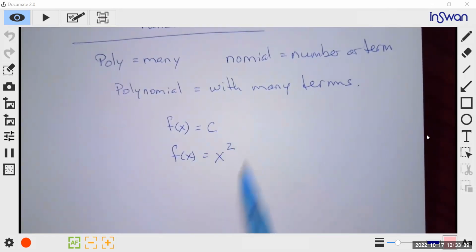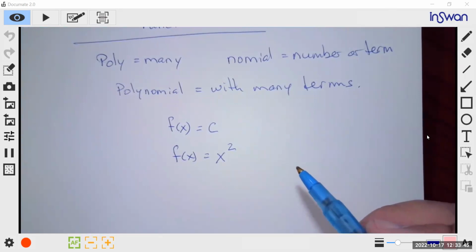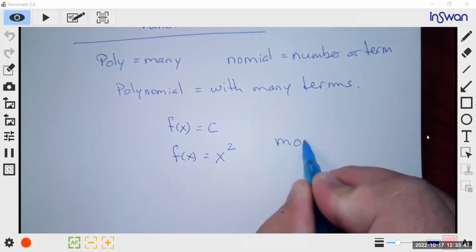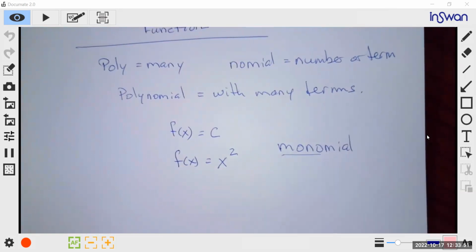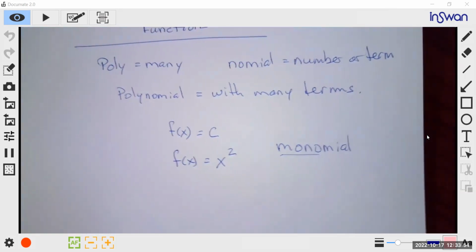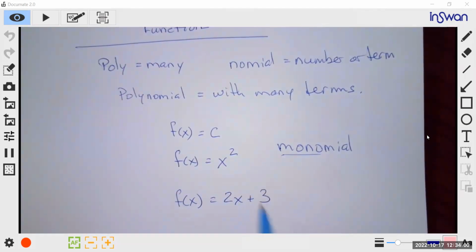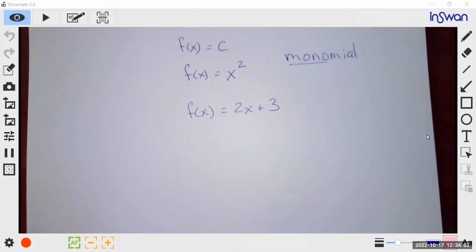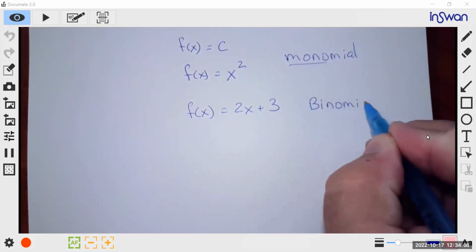If it only has one term, what's it called? What's the Greek word for one? Very good. Monomial. Mono means one. If it has 2 terms, what's it called? Binomial.